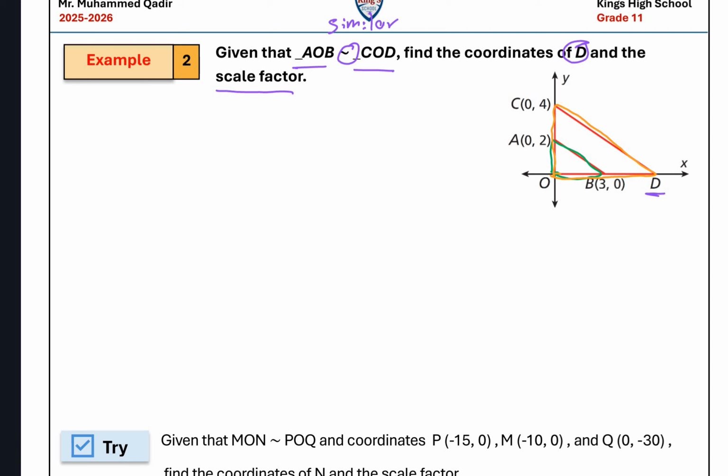Let me rewrite. The small triangle is O, A, and B. Also, the big triangle is D, O, and this is C, right?